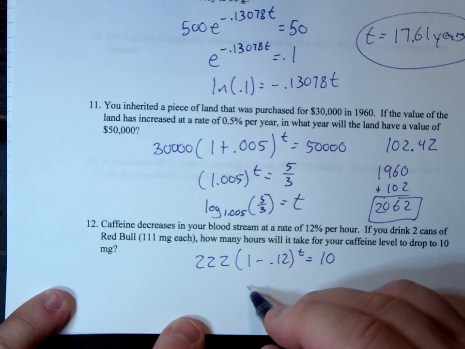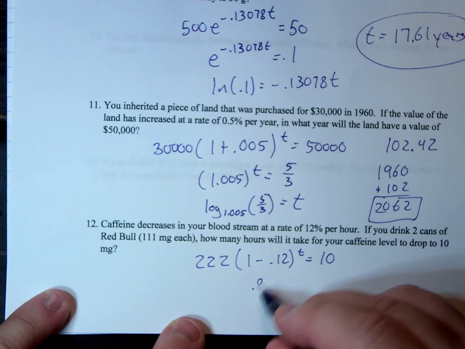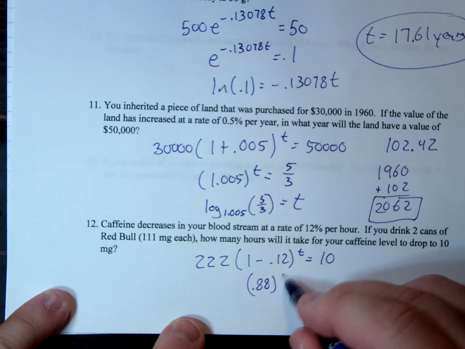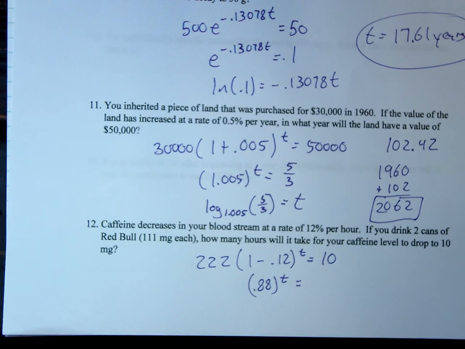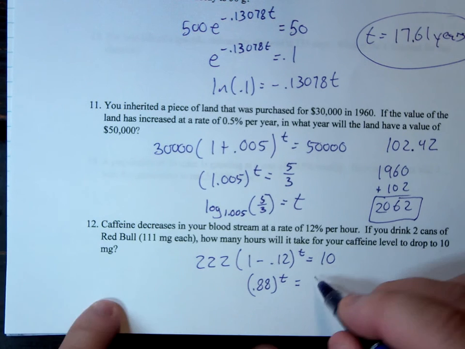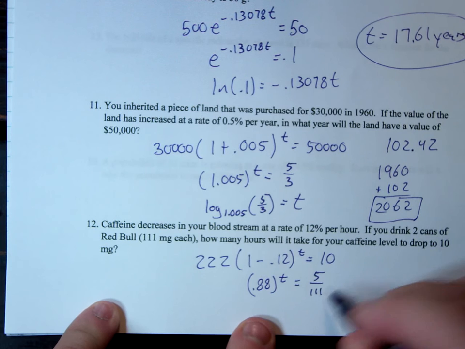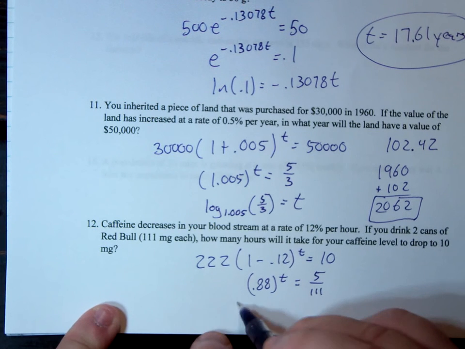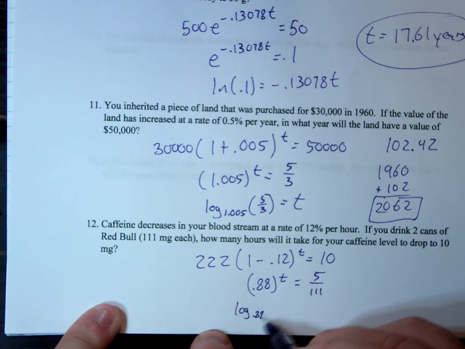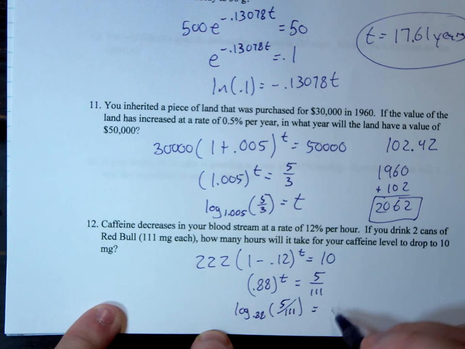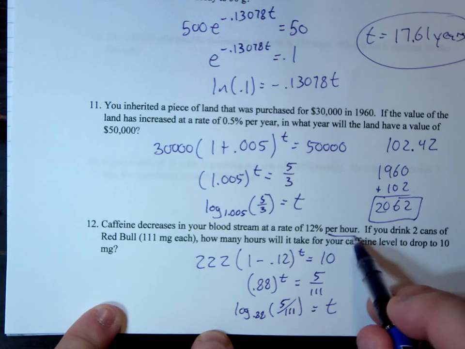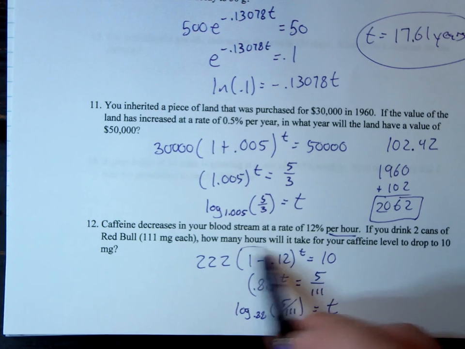So 1 minus 0.12 is 0.88. The t power equals 10 divided by 222. Actually, 5/111. So log base 0.88 of 5/111 will give you the number of hours, and it's asking how many hours.